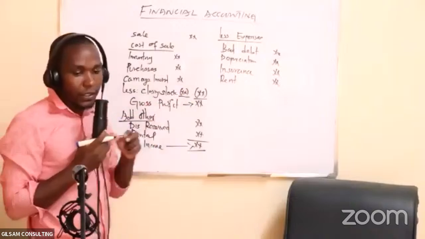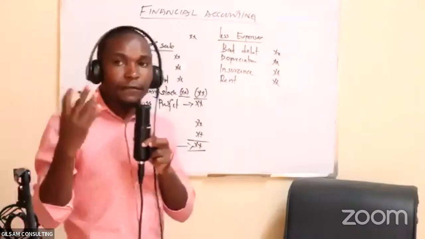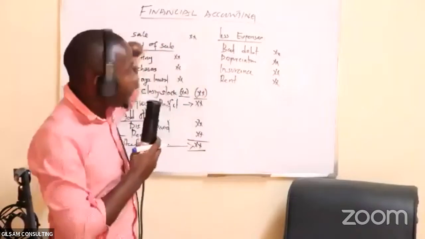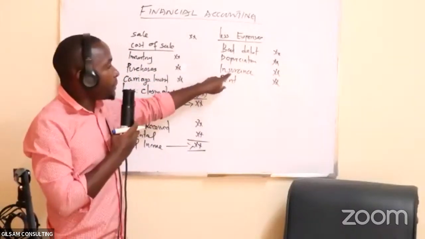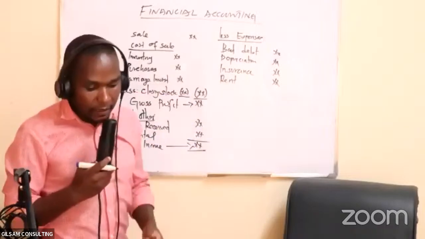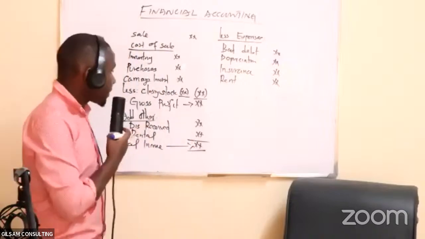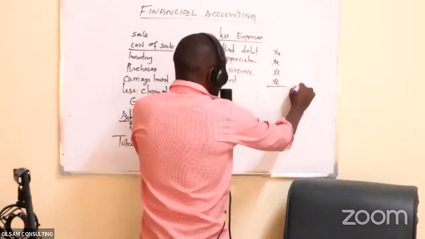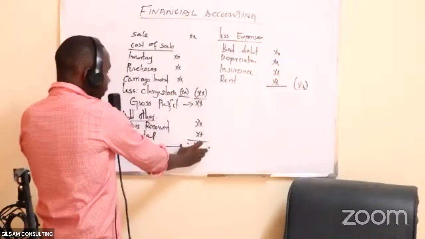Let me know in the comment section if you have any challenge with depreciation, prepayment, and accruals adjustment, and we will be able to assist you. After getting that, that is your total expenditure; you less it from the gross profit or the total income.